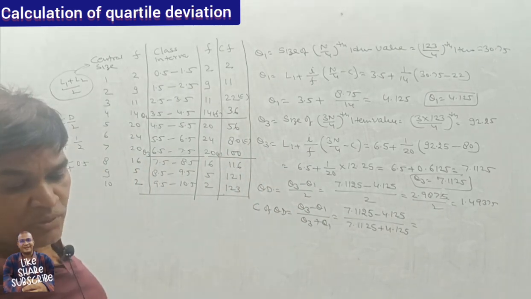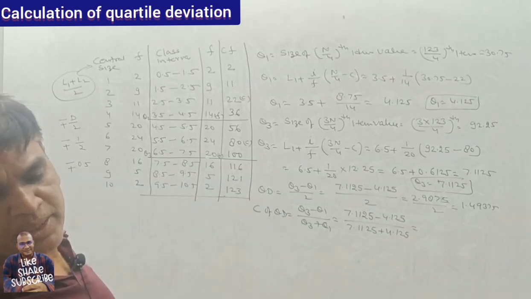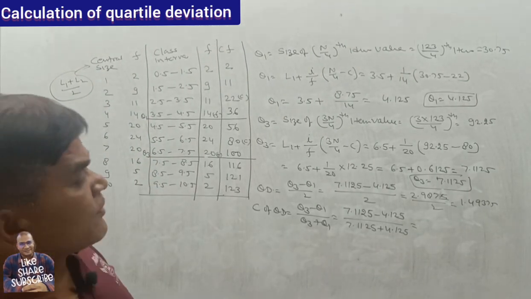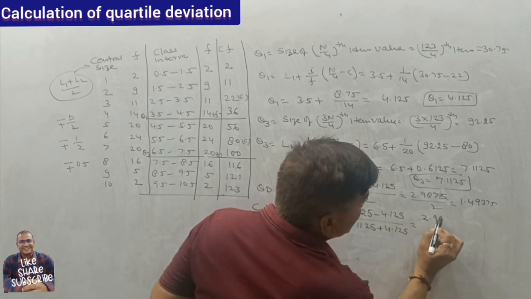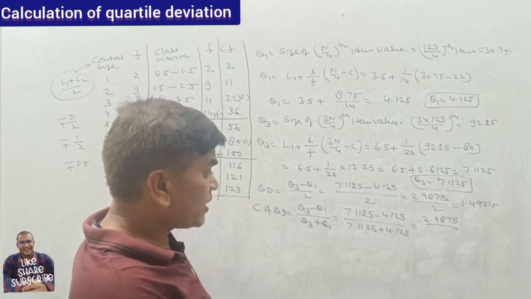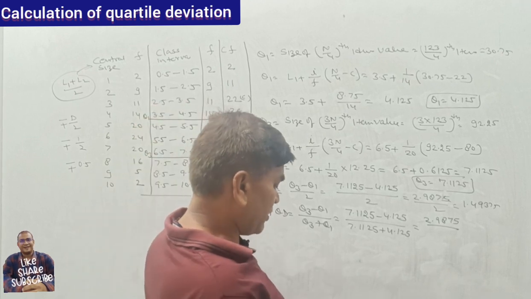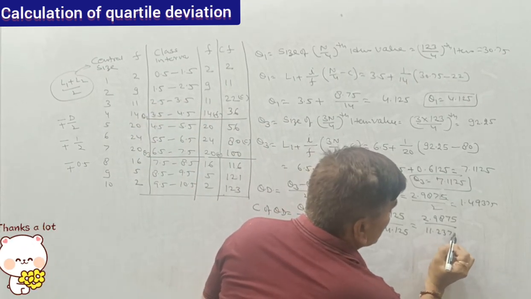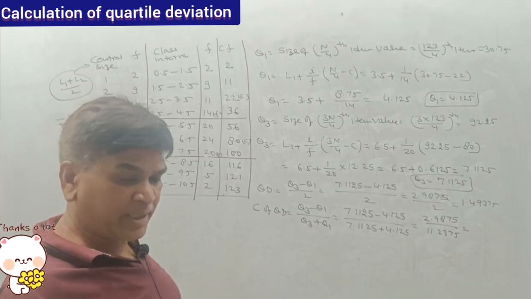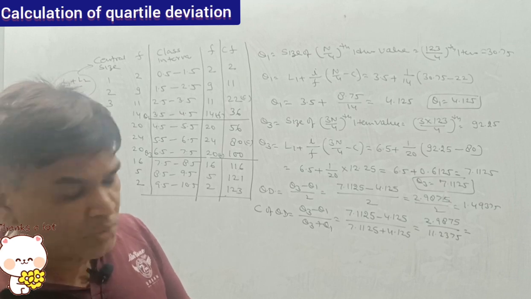So the value of the numerator is 2.9875. 2.9875 divided by, we will add 7.1125 plus 4.125, that is 11.2375. So the value will be 2.9875 divided by 11.2375, that is 0.266.